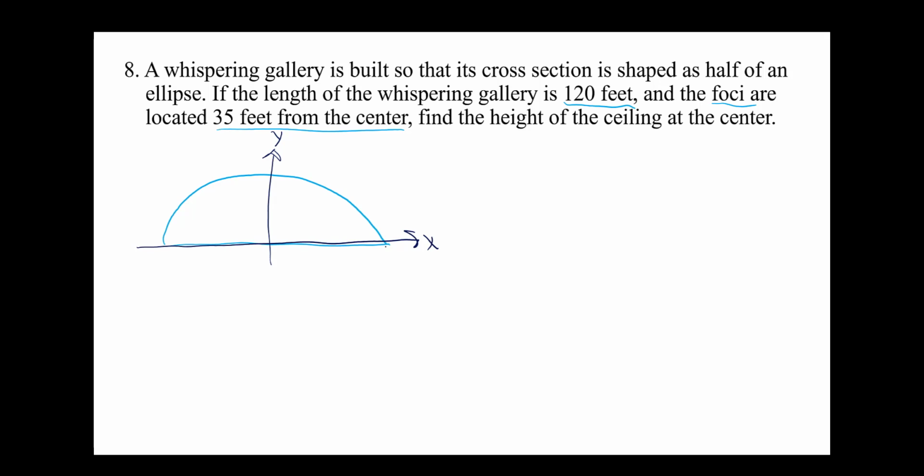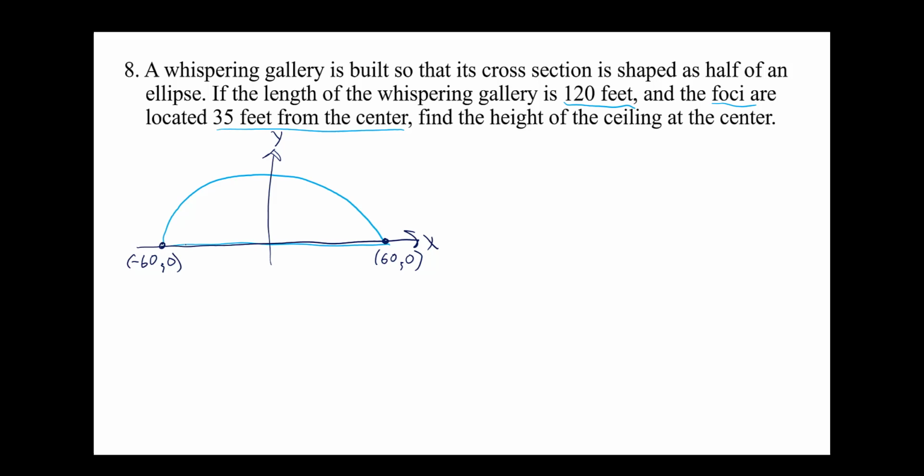locate these. And if the length of our whispering gallery is 120 feet, then we would have a point, what would this be? Splitting 120 in two, we'd have the point along our x-axis of (60, 0), and also another point, (-60, 0).